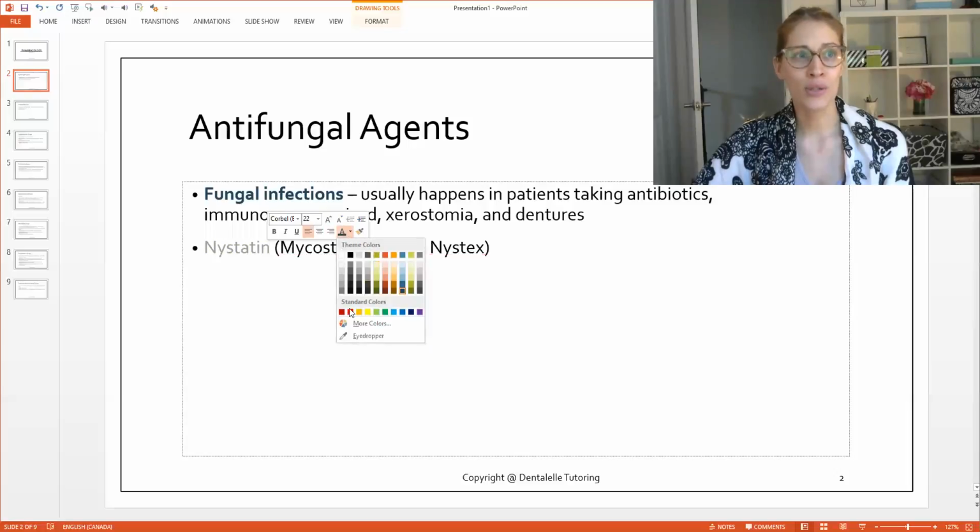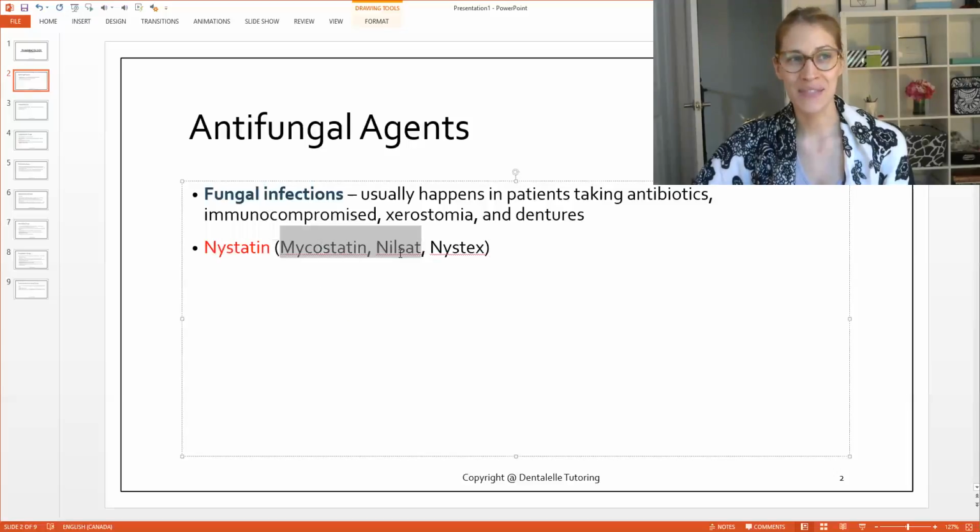I'm not even going to try to pronounce these names here, but they could go under these names also. So for the board exam, yes, you have to know all of these names right here. But this is the most common antifungal agent. So when you see nystatin or any of these names here, think right away antifungal agent. Okay, next one.